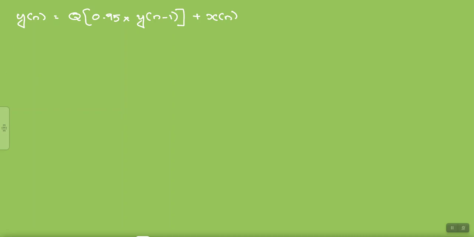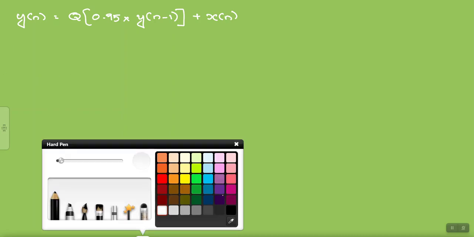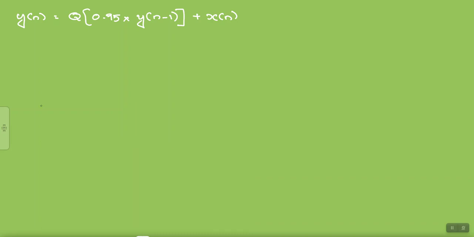When n is equal to 1, y of 1 is equal to quantization of 0.95 into y of 1 minus 1, that is y of 0, plus x of 1.